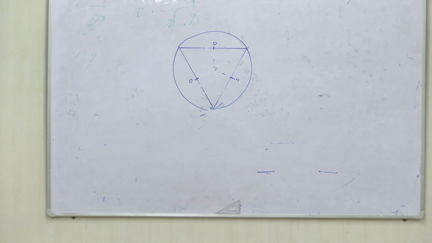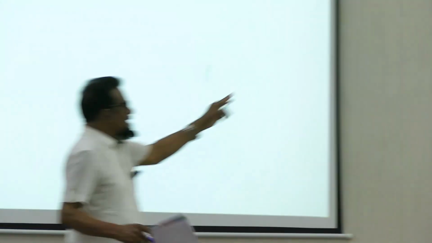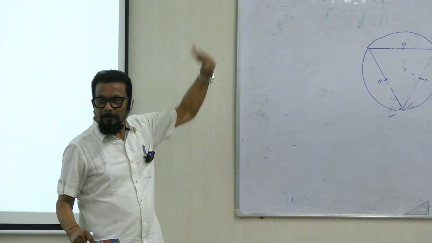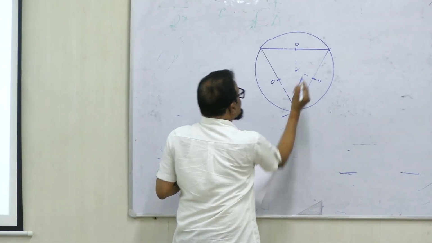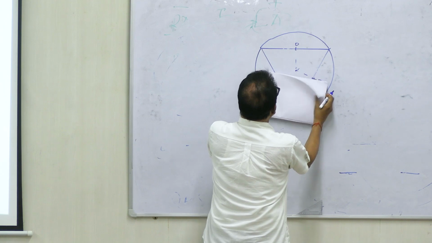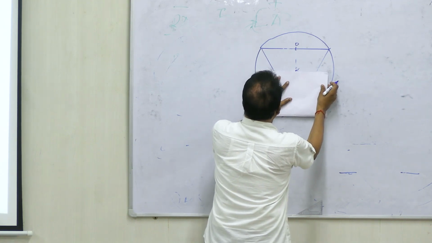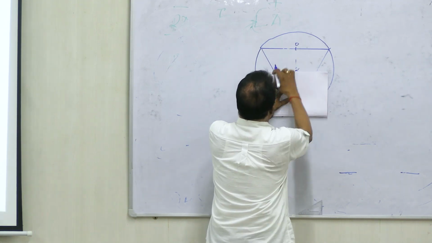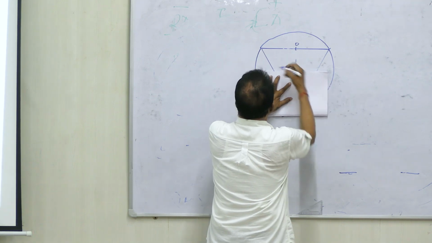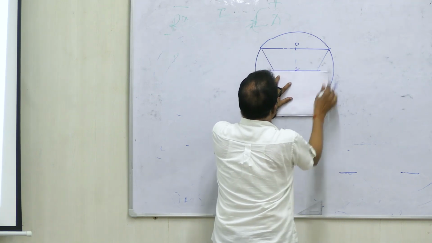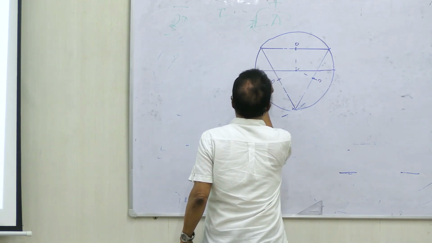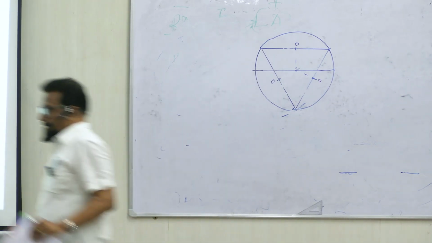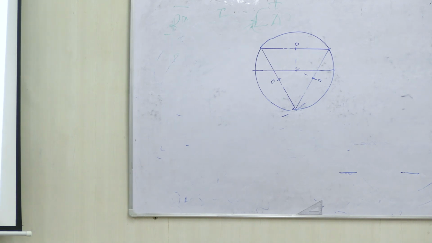Next, divide this circle into half, upper half and lower half, and this line will go through here, parallel to this side. Just see the procedure, what I am doing.